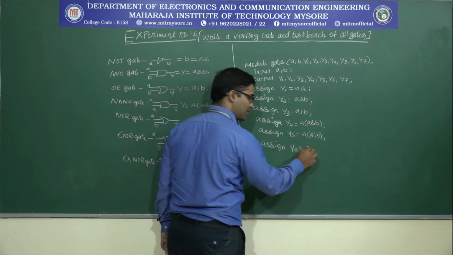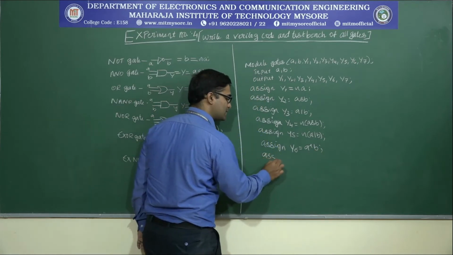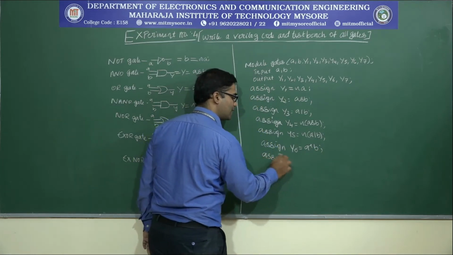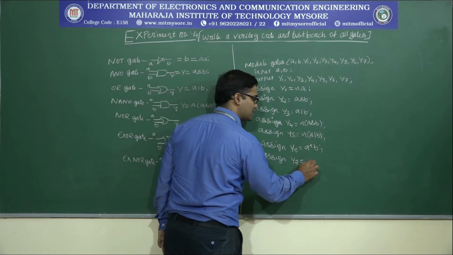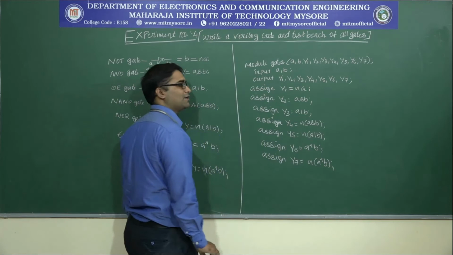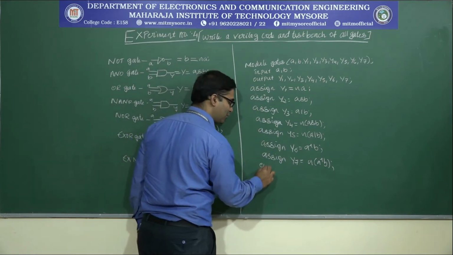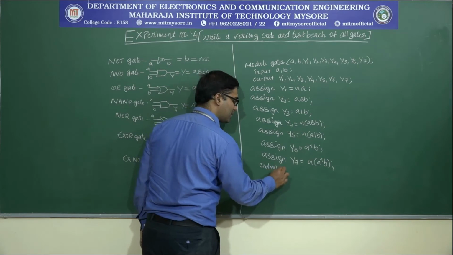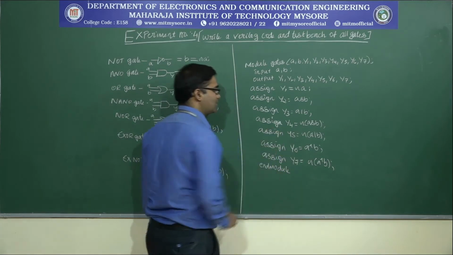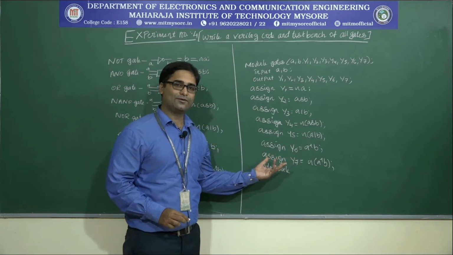Y6, it is an XOR operation, assign. Y7, which is in terms of the particular XNOR operation. So we are ending the module with the particular endmodule. So the program that is written is in the data flow description.